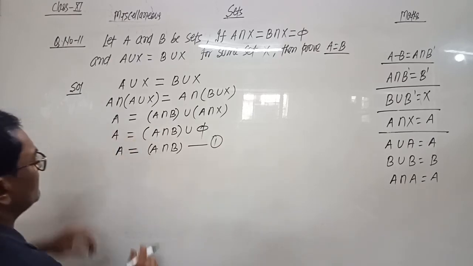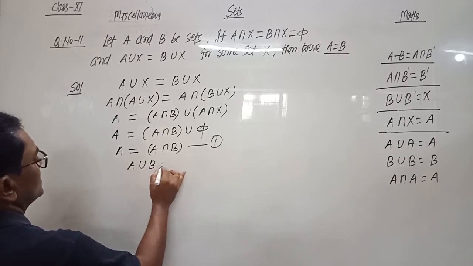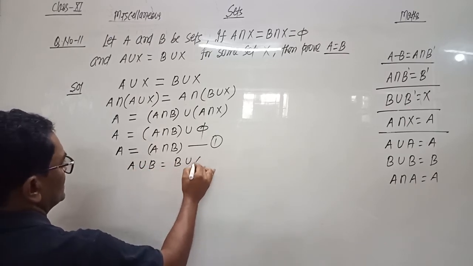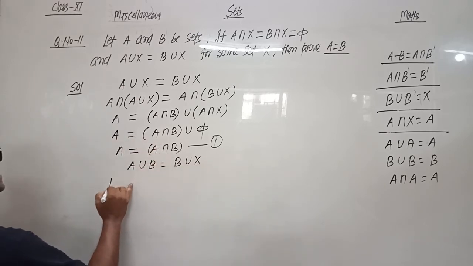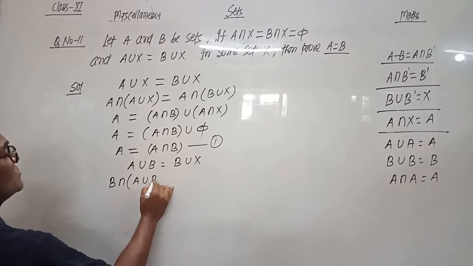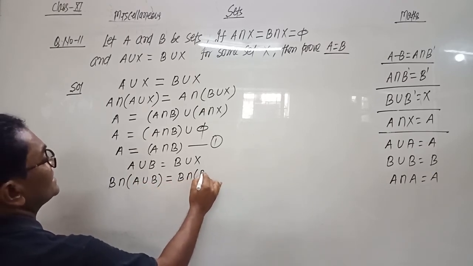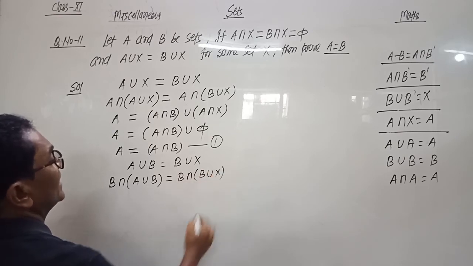Now again we write A union X equals B union X, and we introduce B intersection on both sides. So B intersection (A union X) equals B intersection (B union X).